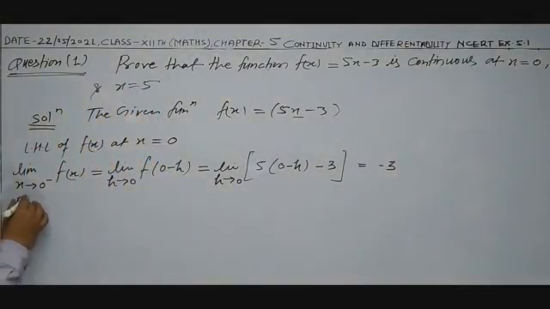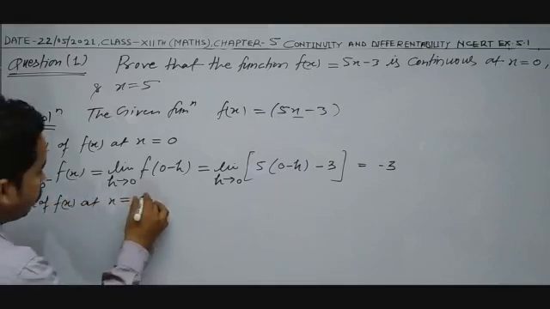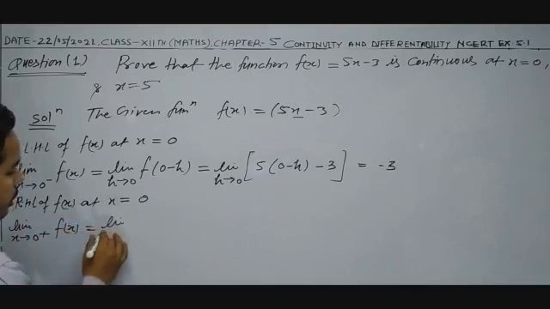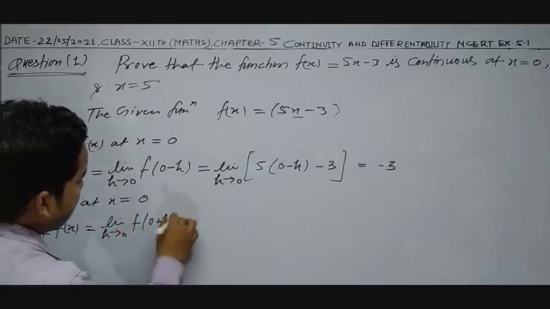Similarly, RHL of function at x is equal to 0. Similarly, limit x tends to 0 plus, the symbolic representation of right hand limit of the function, is equal to limit h tends to 0 f of 0 plus h.